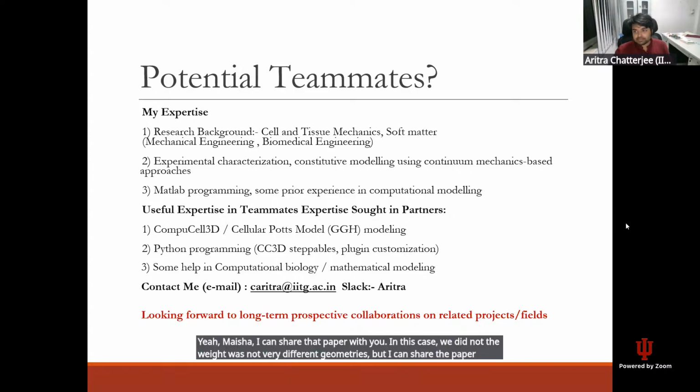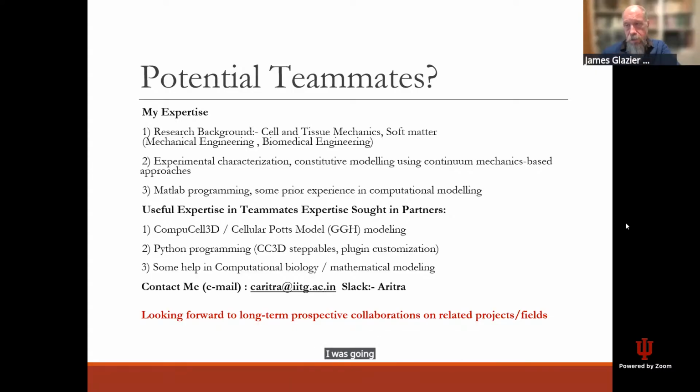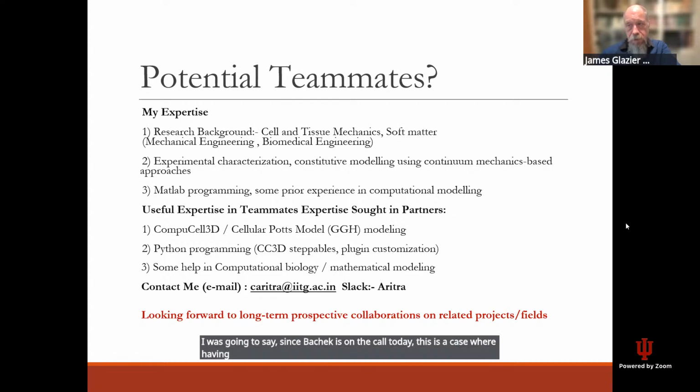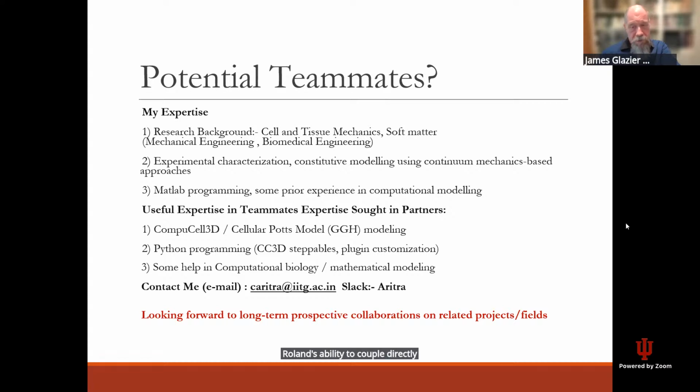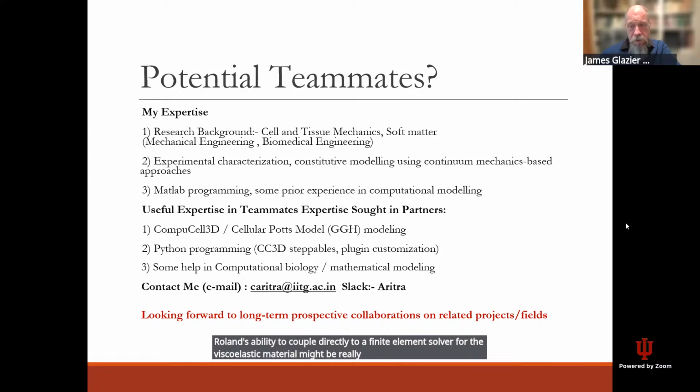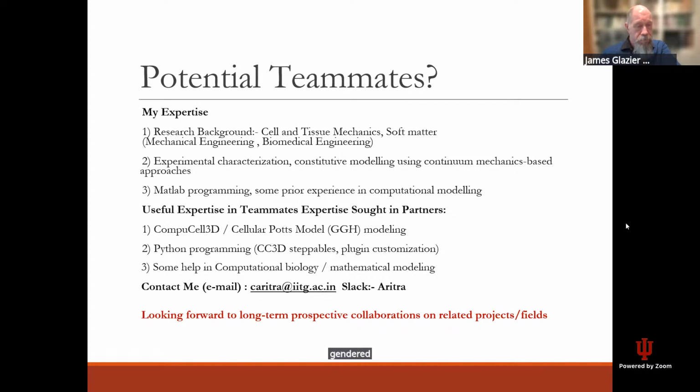Thank you. I was going to say, since Maciek is on the call today, this is a case where having Roland's ability to couple directly to a finite element solver for the viscoelastic material might be really interesting. To begin with, we could do something like what Karine did or what Tien did, where you have a mesh of virtual cells which are triangulated to represent the compressible substrate under the cells.